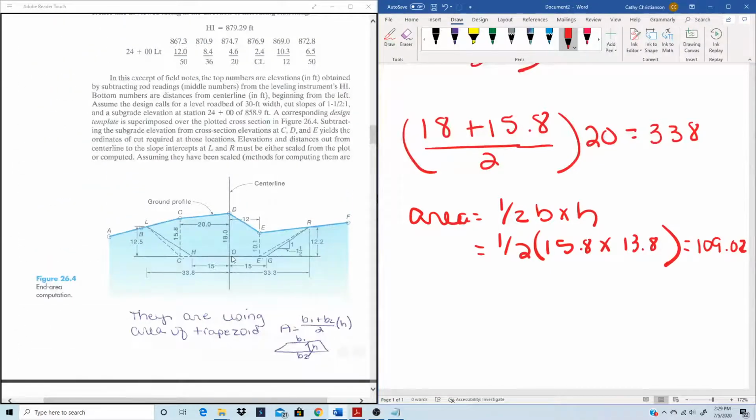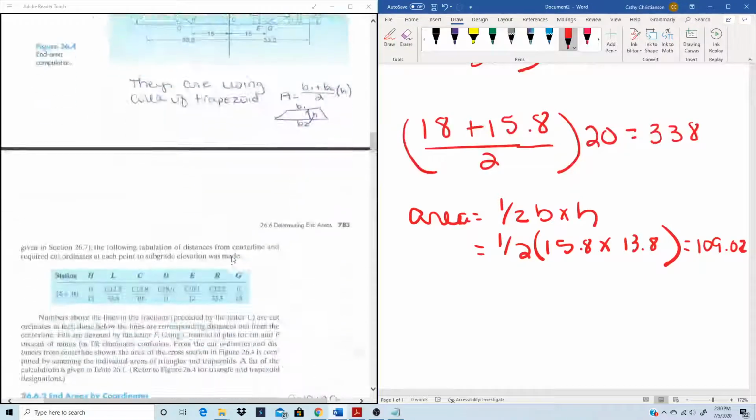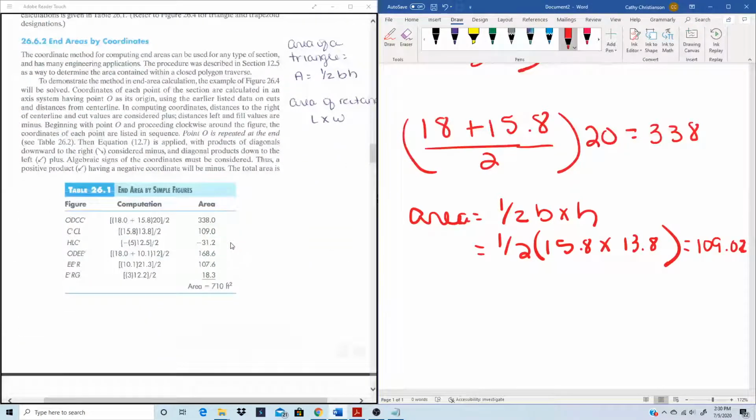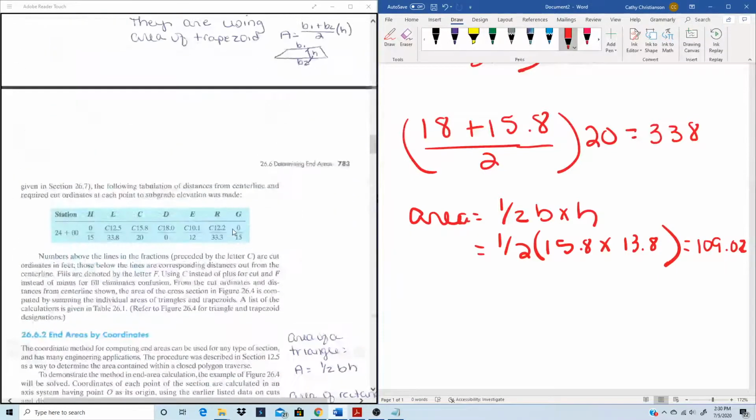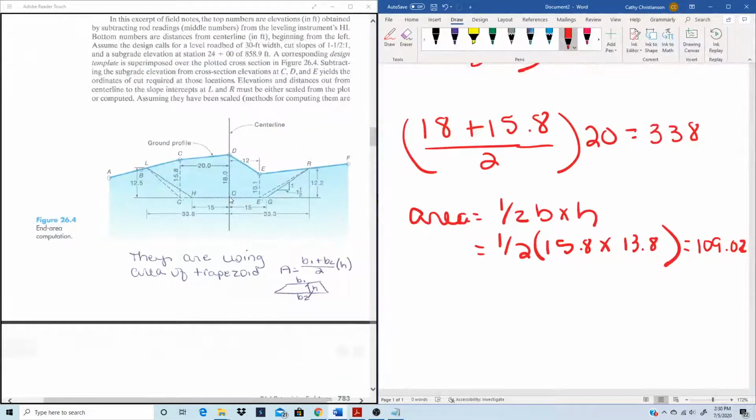So they went from O to H to L to C to D to E to R, back to G, and back to O. Wherever you start with, you have to come back to.